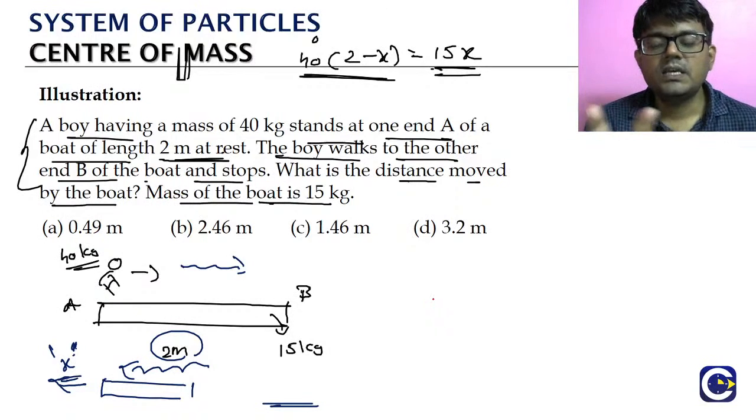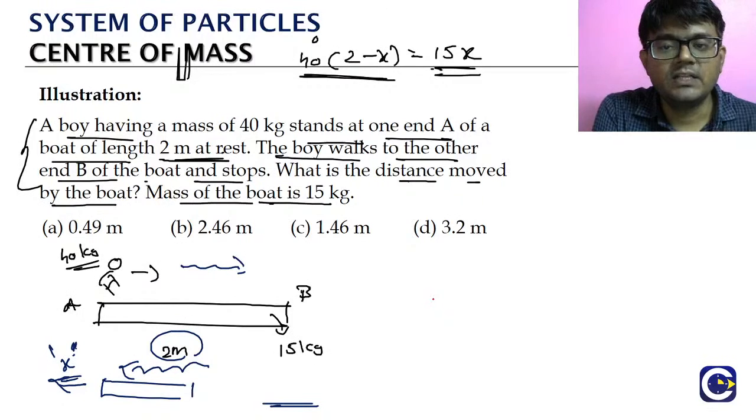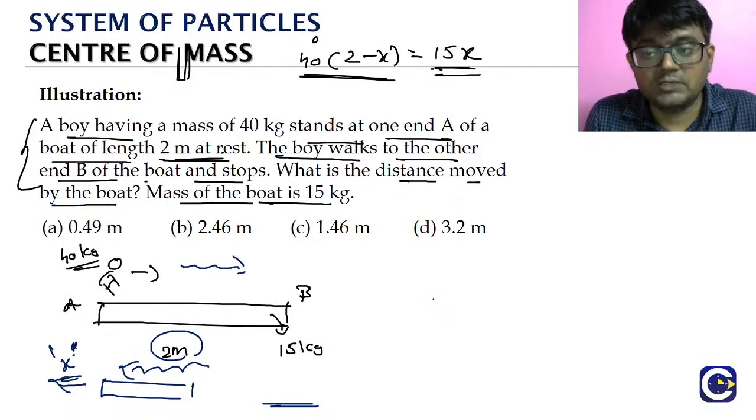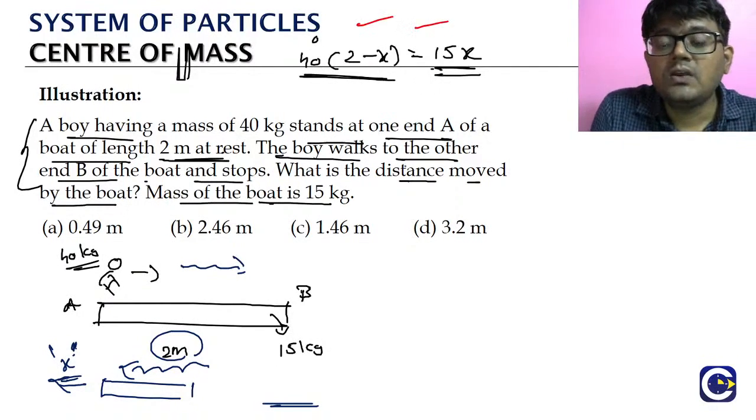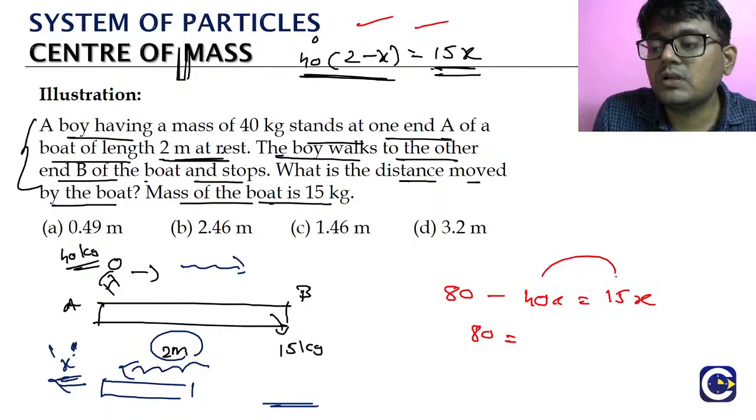Which means the moment of mass created by the movement of the boy to the right side should be exactly compensated, numerically equal to the moment of mass created by the boat. So what do we get? 40 into 2 minus x means 80 minus 40x is equal to 15x. So 80 is equal to, on the right side, 40 plus 15, which means 55.